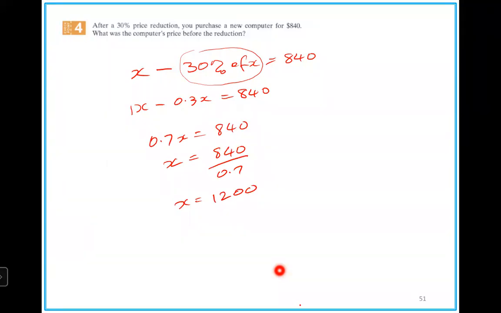So what does that 1200 tell us? So that tells us the original price was 1200. Okay, so you would finish off by saying the original price was $1,200.